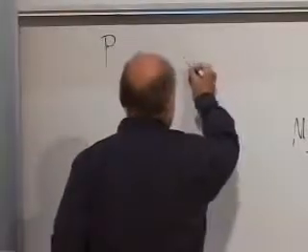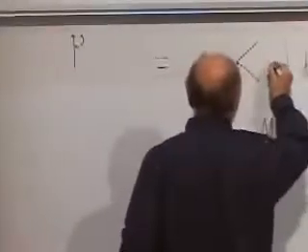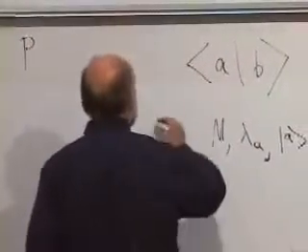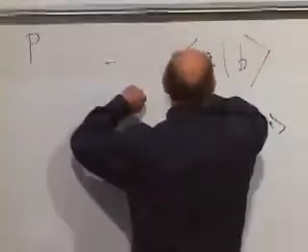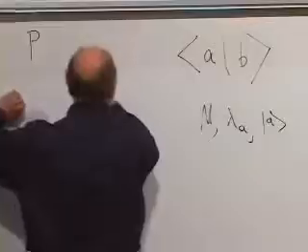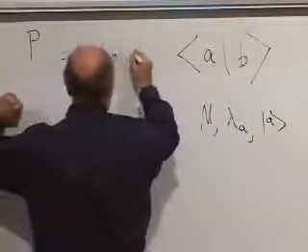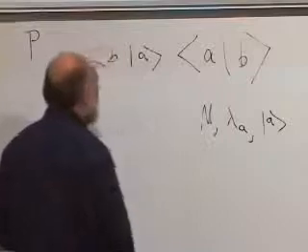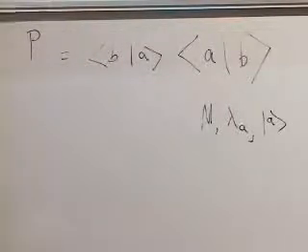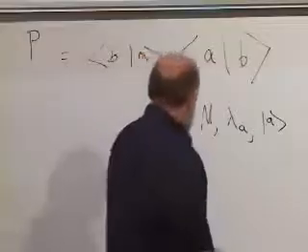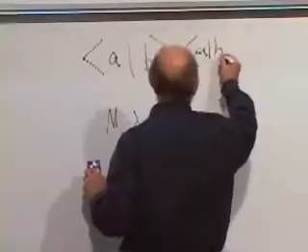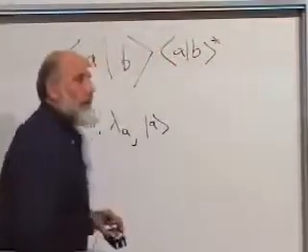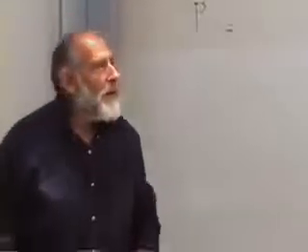is given by the expression the inner product of A with B times its complex conjugate. The easy way to write the complex conjugate is just to write it times BA. Remember that when you multiply a number by its complex conjugate, you always get a real positive number.